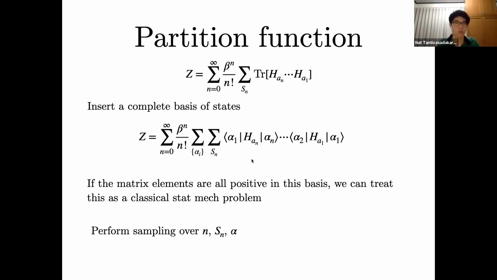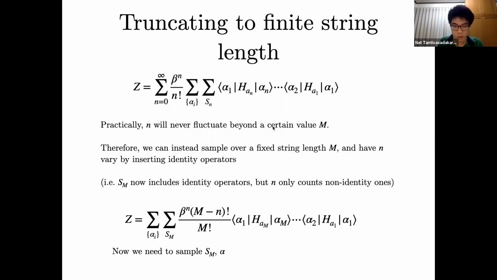And n can go from 0 to infinity, so right now it's not very practical. But an observation is that in practice, when you sample this, configurations with large n are very unlikely. So n will never fluctuate beyond a certain value. We call it big M.